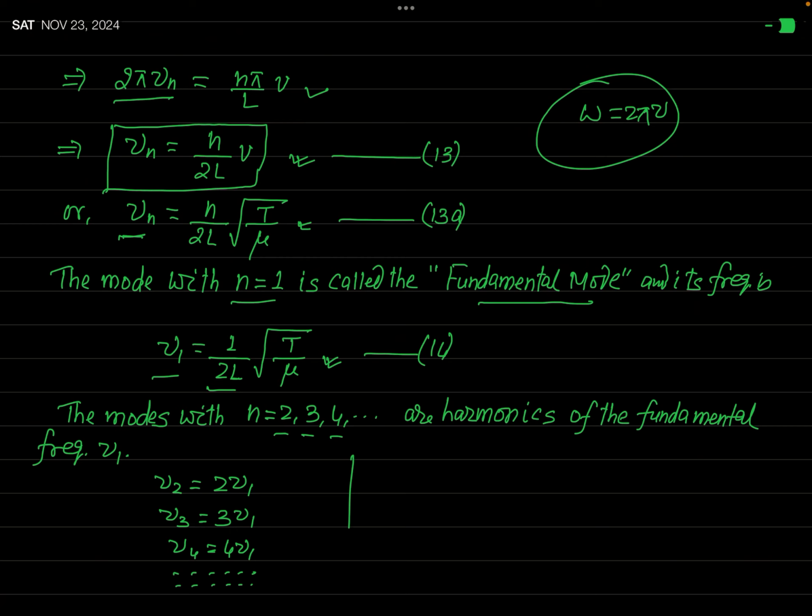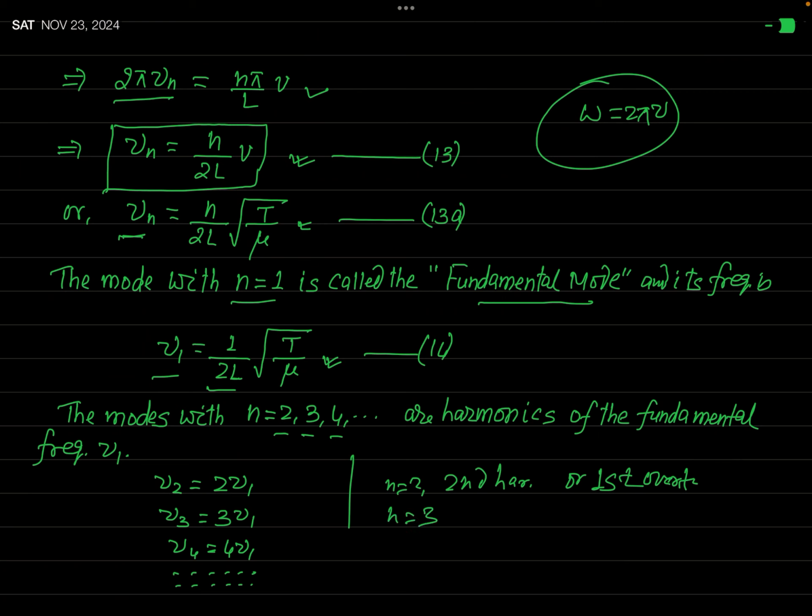Or you can say when n is equal to 2, that is called the second harmonic or first overtone. In terms of harmonics, n equal to 2 represents the second harmonic, or first overtone.